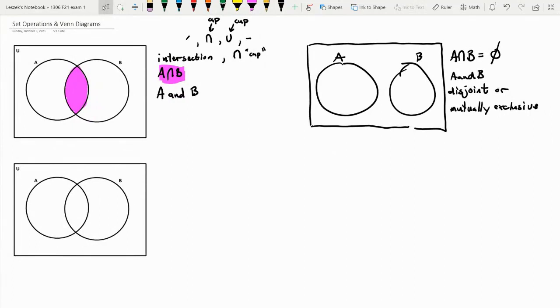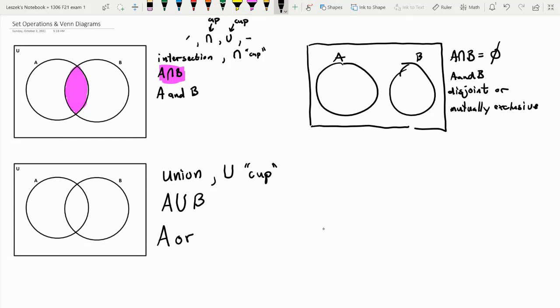All right. So then let's recall the other binary set operation that's popular here. It's the union of two sets. And here we'd use the U symbol or the cup symbol. And we write the union of A and B. So this new set is all the things that are in either A or B, possibly both.